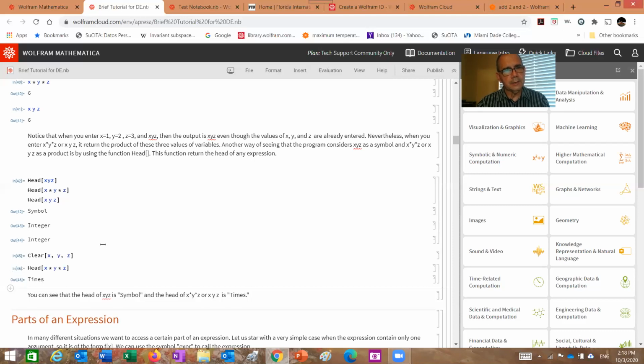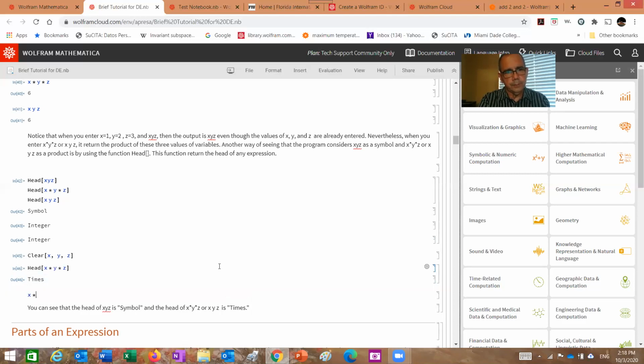It returns Times. Why? Because remember that the multiplication of 3 variables x, y, and z can be expressed also in the way Times, and then x, comma, y, comma, z.